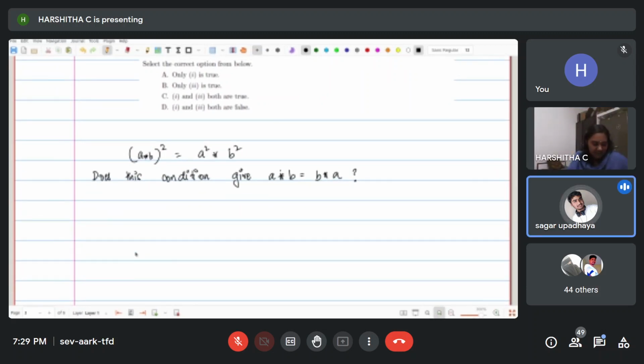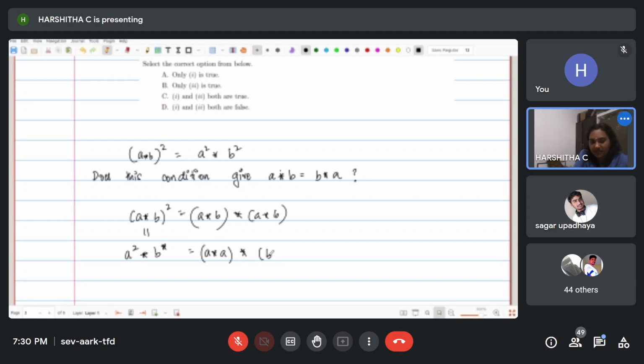If you write (A star B) whole squared, and if I expand it, then it is A star B multiplied again by A star B. Similarly, the right hand side is A star A, bracketed, again star B star B. If I do the cancellation on the right side and left side, then I find B star A is equal to A star B. Yeah, very good. So the important word that he used here is cancellation, right?